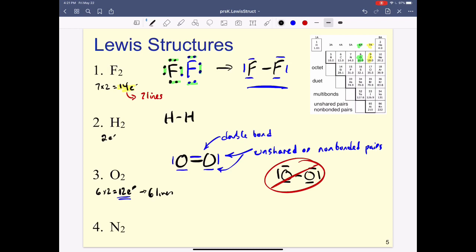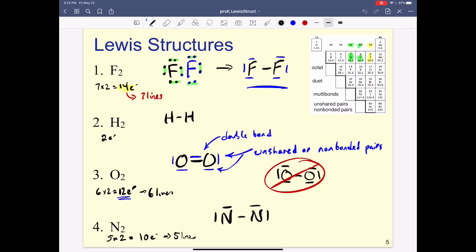Nitrogen on the periodic table, we can see here, has 5 valence electrons. 5 times 2, 10 electrons, 5 lines. Nitrogen bonded to another nitrogen. We've used up one line, 2, 3, 4, 5, and we can see that neither nitrogen has an octet.